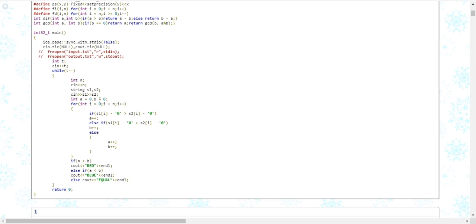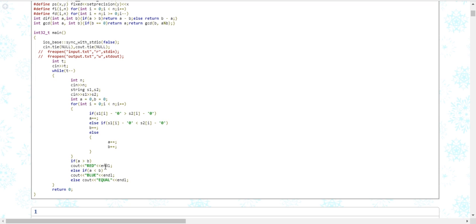Here we take two integers a and b, initialized to 0. If at a particular index the red number is greater than the blue number, then it is more likely that red will win, so we increment a. If the blue integer is higher, it is more likely that blue will win, so we increment b. Otherwise we change neither.